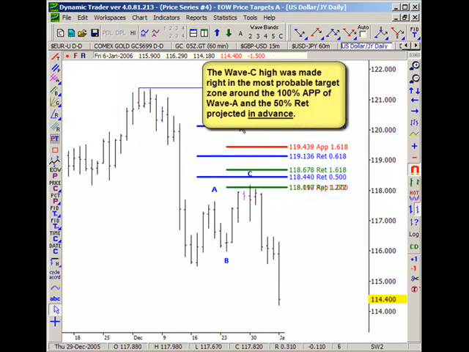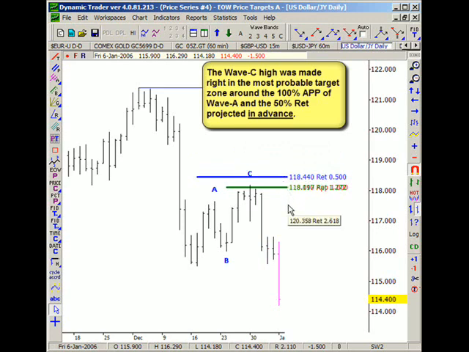And you can see how fantastic these end of wave price projections are, where we can identify in advance the high probability target to where the common and most frequent types of patterns will be complete.